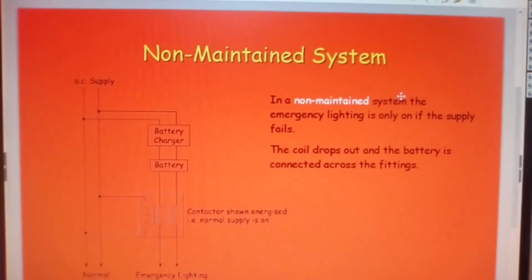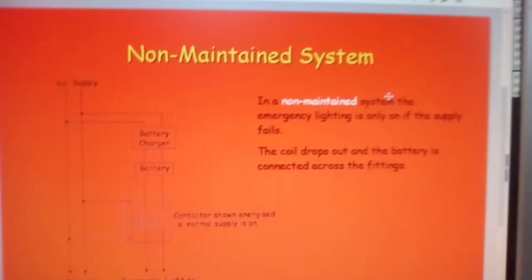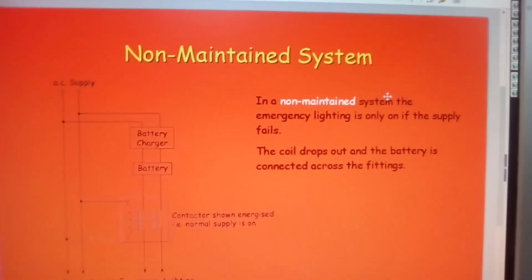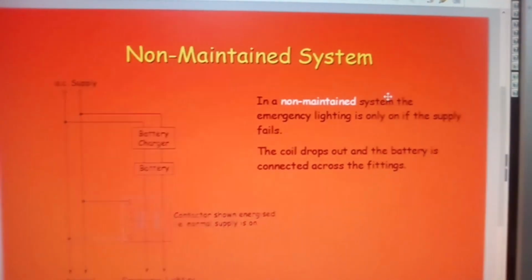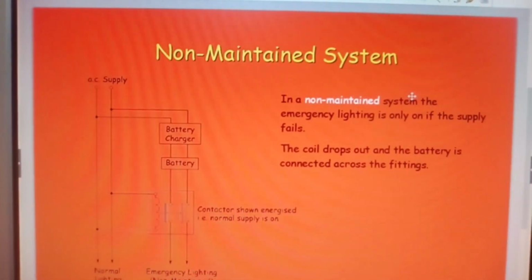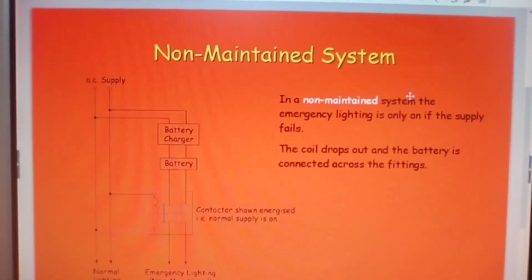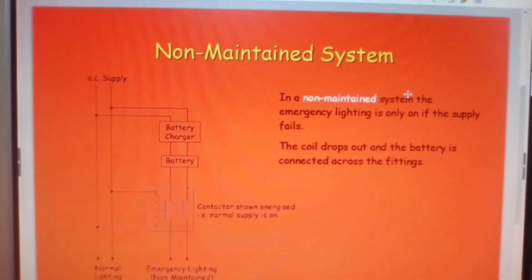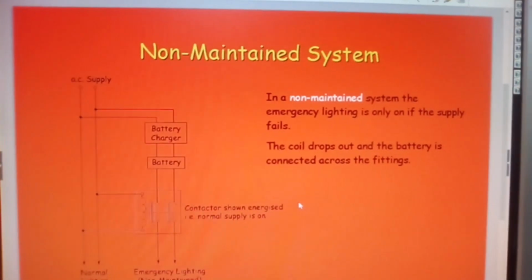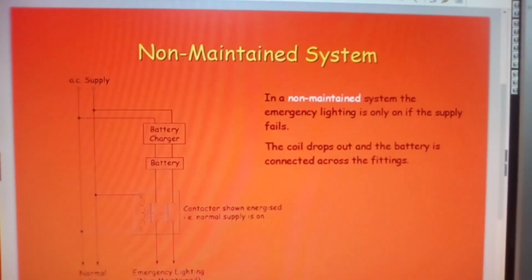So obviously, some maintenance may need to be applied to the emergency lighting. It's worth bearing in mind that it's not just a case of installing your emergency lighting and forgetting about it. It needs to be maintained one way or the other.